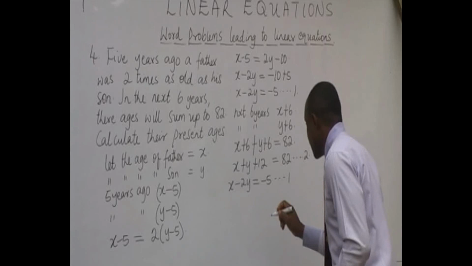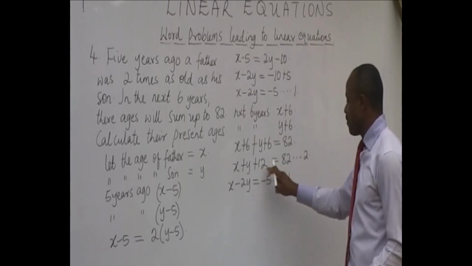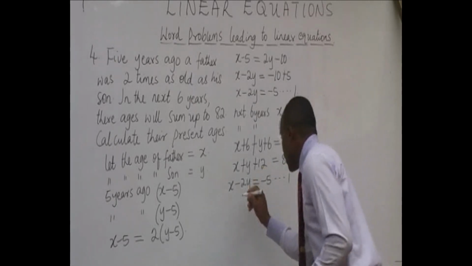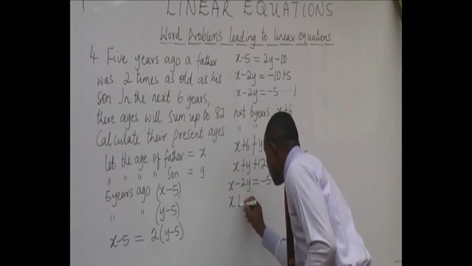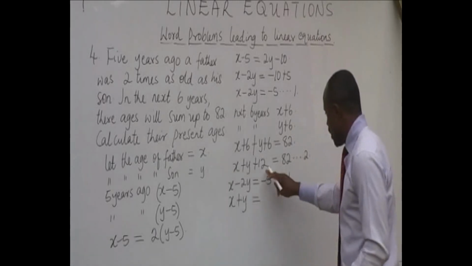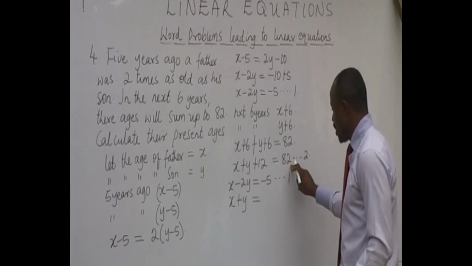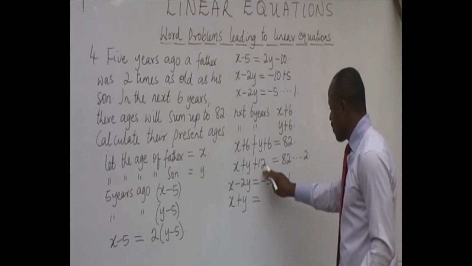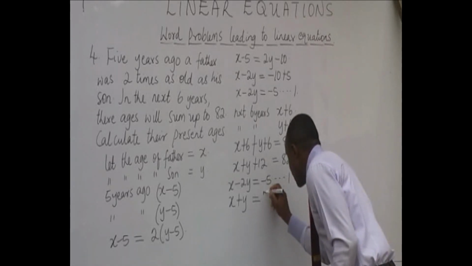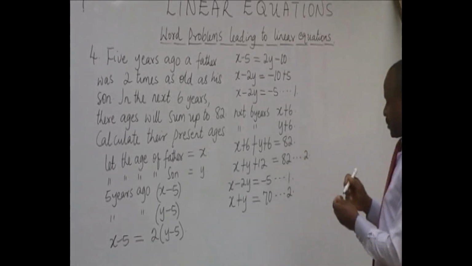Second equation, remember you're going to take the 12 to the right-hand side and subtract 12 from 82, and you'll be left with 70. So the second equation is X plus Y is equal to 70, because plus 12 changes to minus when it crosses to the right-hand side of the equation.